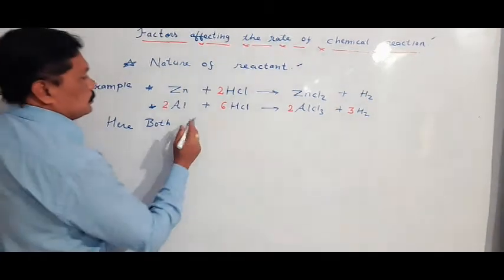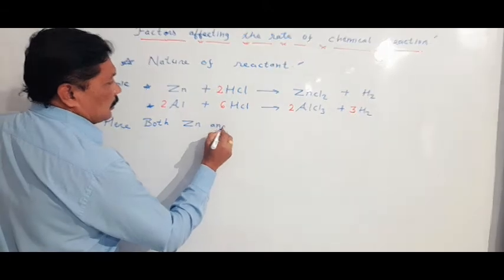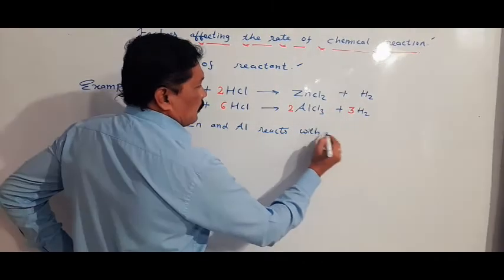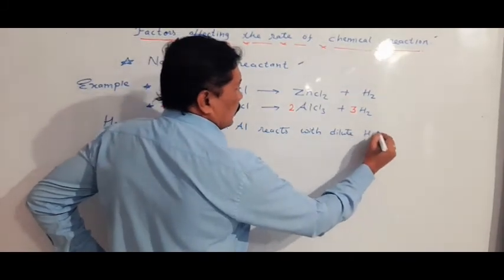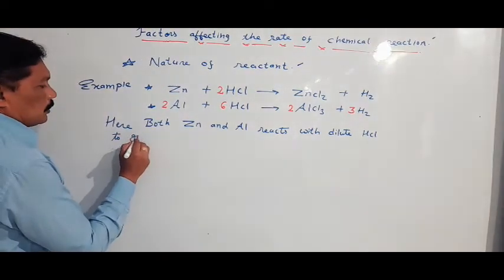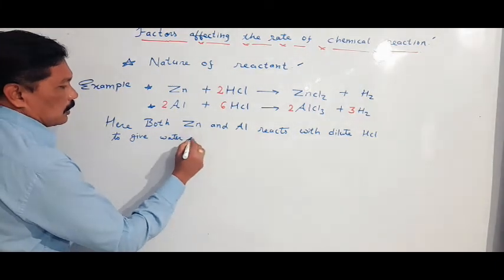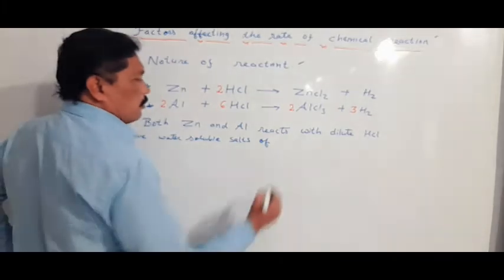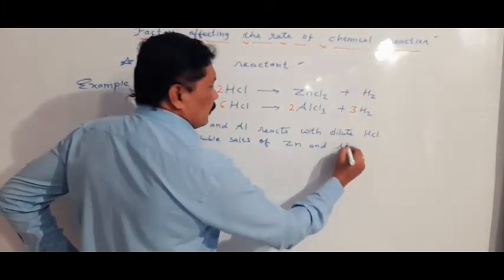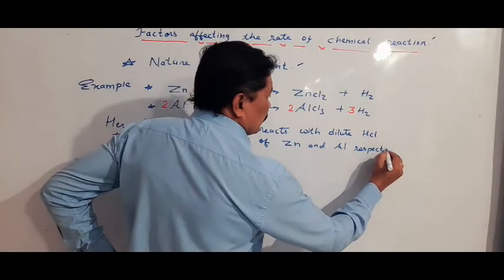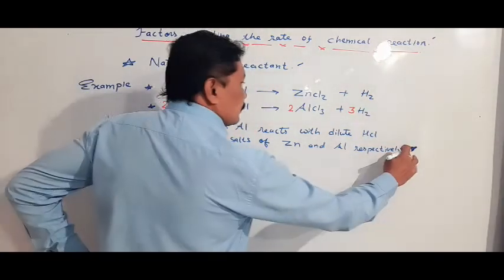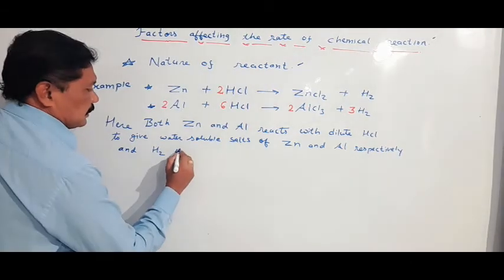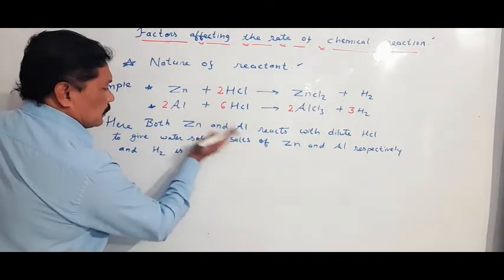Here both zinc and aluminum react with dilute HCl to give water soluble salts of zinc and aluminum respectively. And H2 hydrogen gas is liberated.